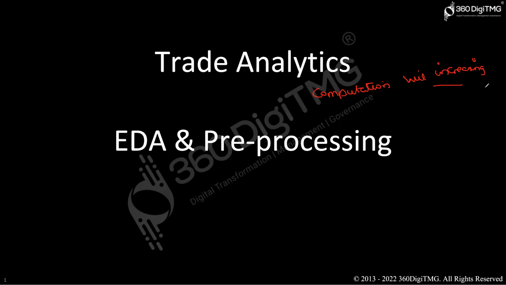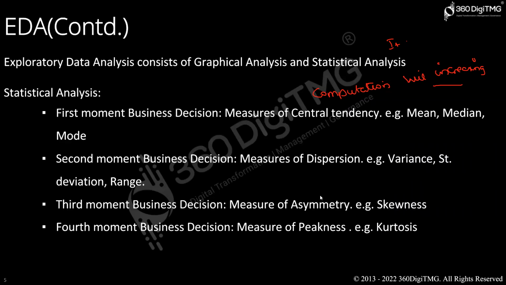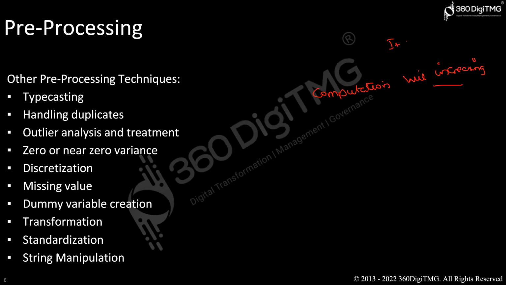So to avoid this, we can reduce it, because every time you are going to get the same information. So we need to avoid duplicates by using drop underscore duplicates. Like that, we have various things.